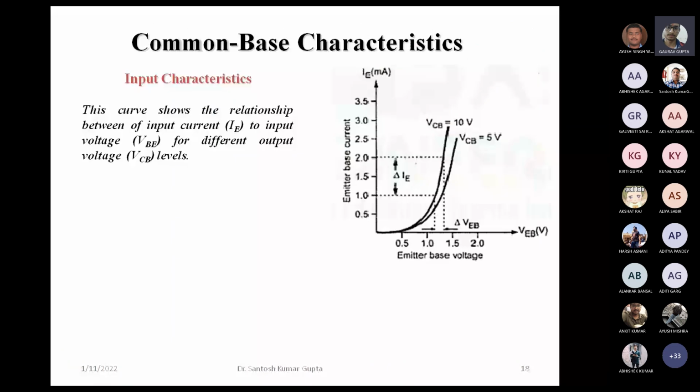Now let us look at some of the characteristics of this common base configuration. In the common base configuration, we can take either an NPN transistor or a PNP transistor.